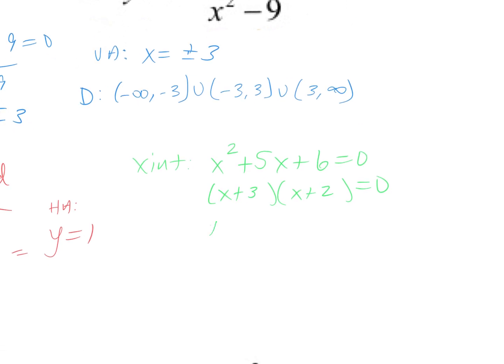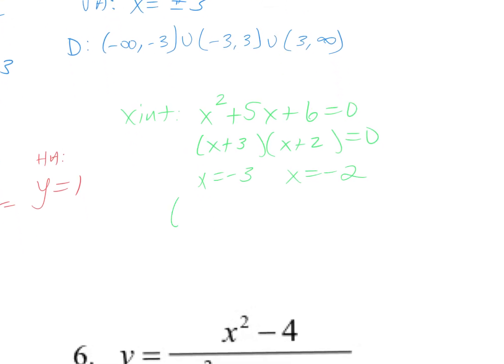So you have 2 intercepts here at x equals negative 3 and x equals negative 2. How do I want those written? Ordered pairs. So how would you write that? Negative 3 comma 0 and negative 2 comma 0. Your x-intercepts are ordered pairs.